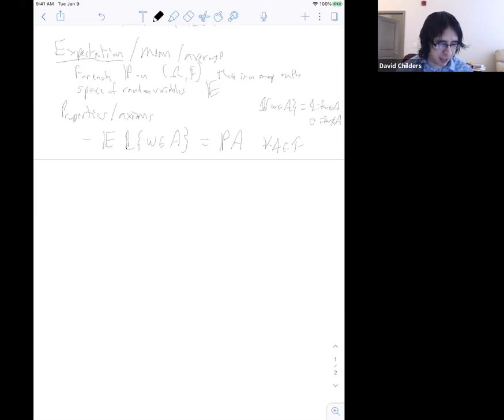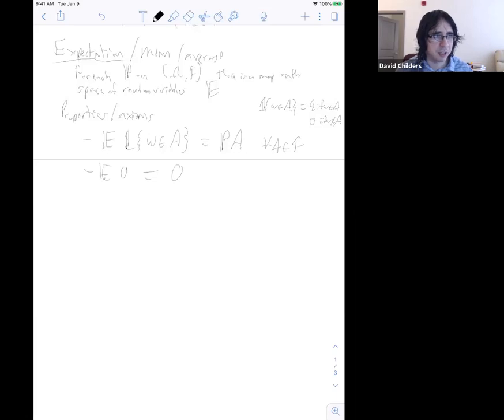So that tells us that essentially the size of that set, this probability, is equal to that average times 1. The next property, again, 0 is special: the expectation of 0 equals 0.